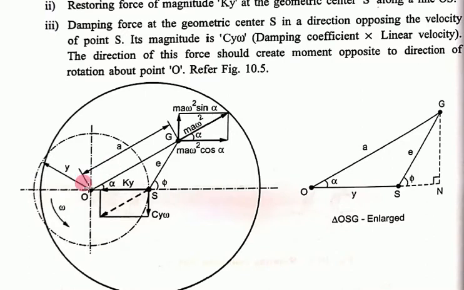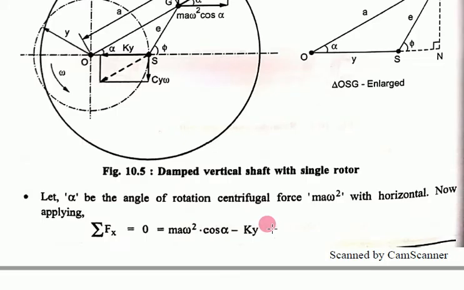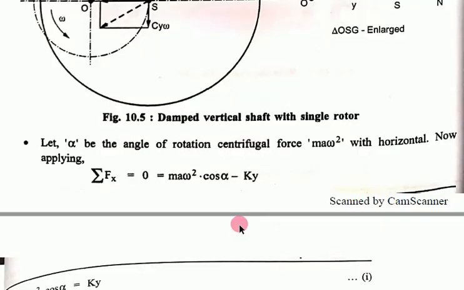Now we draw this figure OGS again, and here this is the perpendicular line from G. This angle is phi, and this angle is alpha. This distance is y, and this is the eccentricity e.